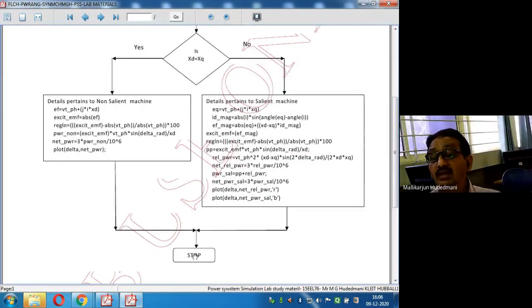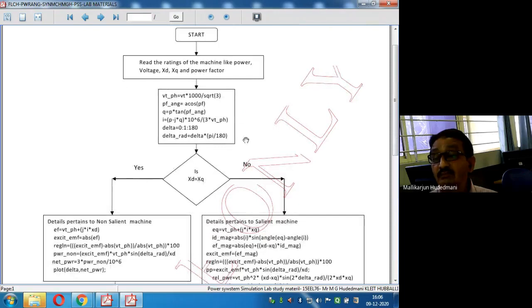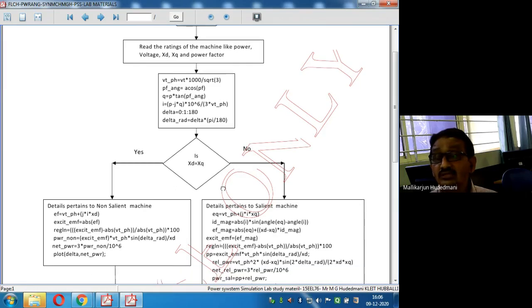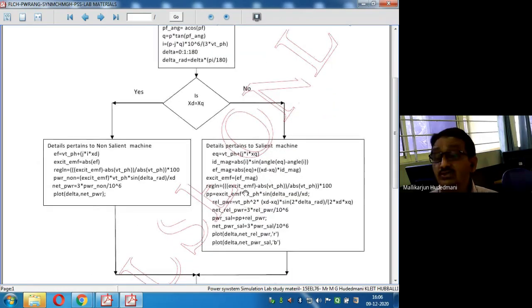One part of the laboratory work is over. What is the other part of the laboratory work? Suppose the data that I read and pre-process over here belongs to a salient pole machine. Then what is a salient pole machine? The pole structure is projected from the shaft.